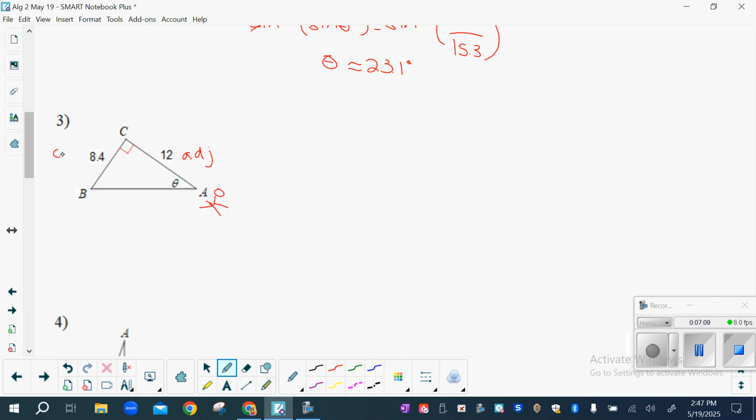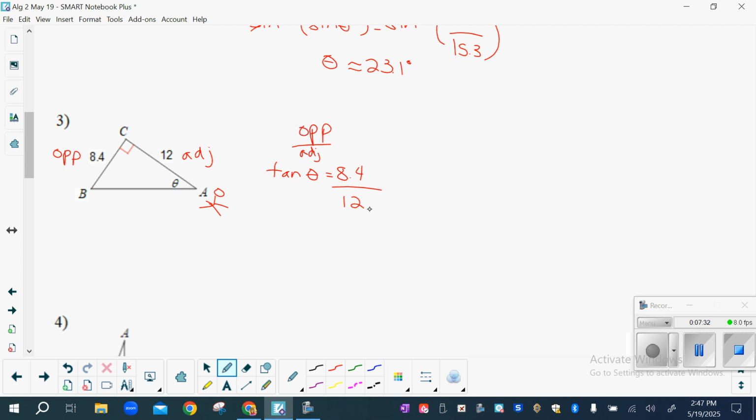The opposite. So somebody else besides Zuzi, which trig function will we use? Good. So tan theta equals opposite over adjacent, which is 8.4 over 12.